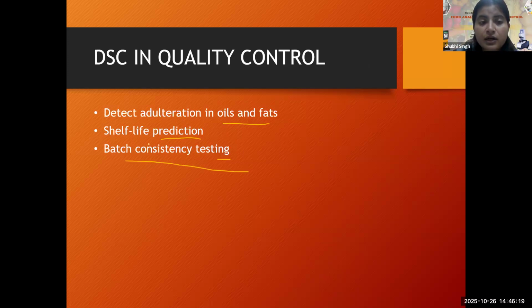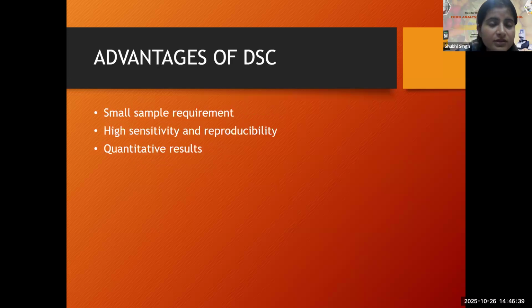It helps to predict the shelf life of the food, and it helps in detecting the adulteration of oils or fats. Hence with the help of DSC we can do quality control as well. The advantages are very simple: small sample requirement, high sensitivity and reproducibility, and quantitative results.